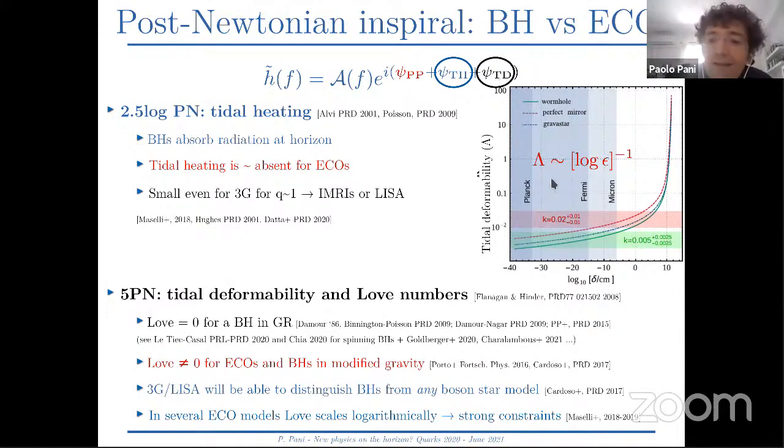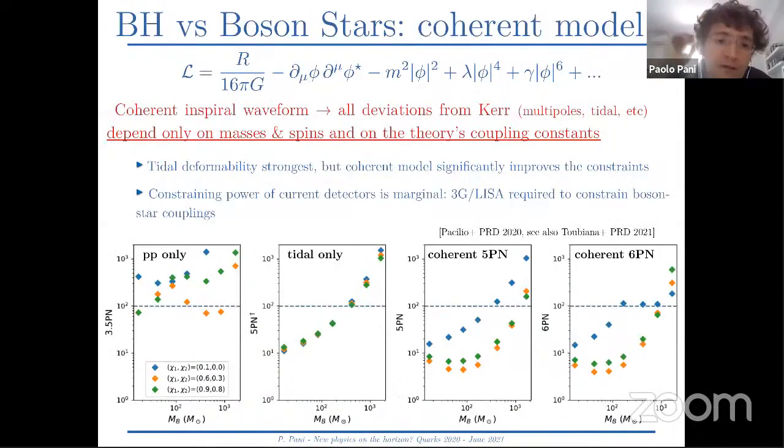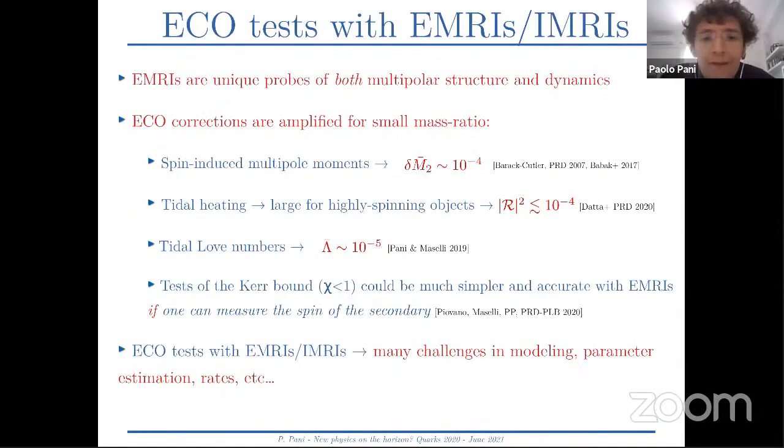Interestingly enough, again, the tidal Love number, the quantity that enters the waveform, scales logarithmically with epsilon in many models, which again means that even when epsilon is very small, this lambda is sufficiently different from zero that it can in principle be told apart from a black hole, for which lambda is exactly zero. I think I would skip this because it's not super relevant.